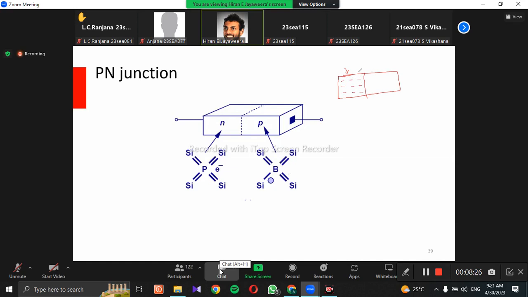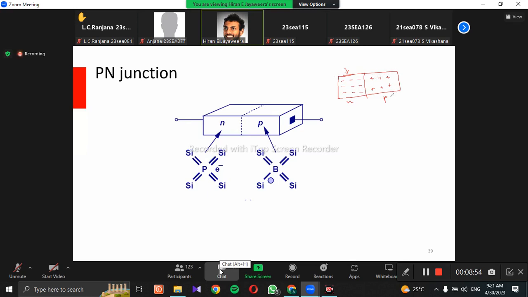Since we have additional free electrons on this side, we call it N-type material. The other side you can dope with something like boron, which is from the third group, so that you have additional holes.